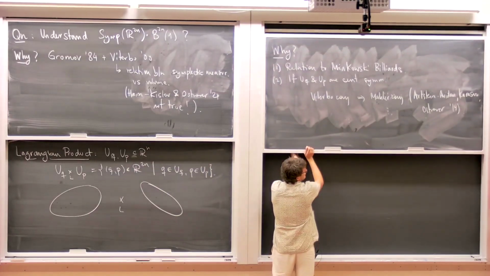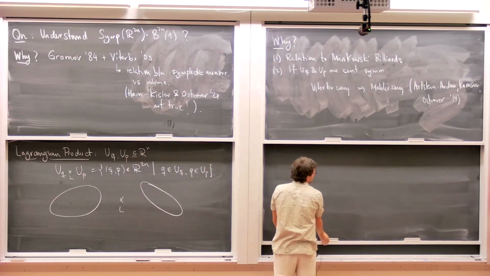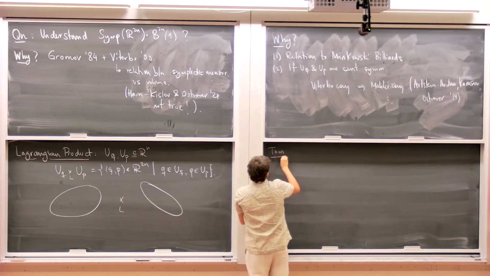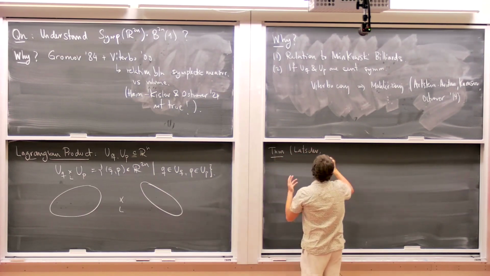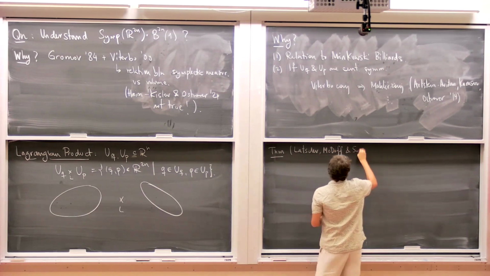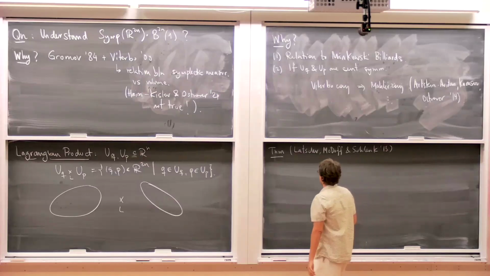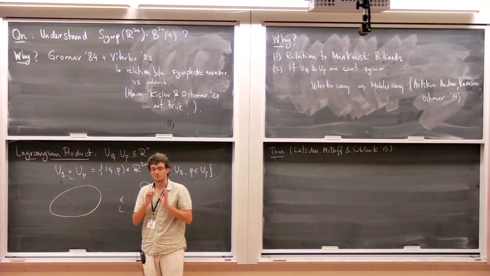And I'll start with a theorem due, I mean, it's sort of an offhand remark in a paper, by Ramos, McDuff, and Schlenk in 2013. The nice thing about giving this talk is that I can state theorems where there are only pictures.